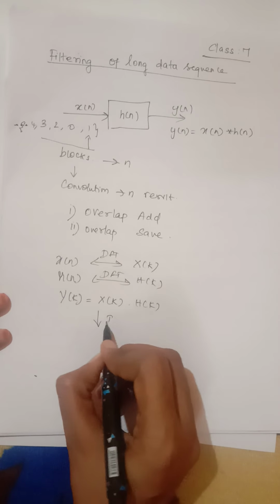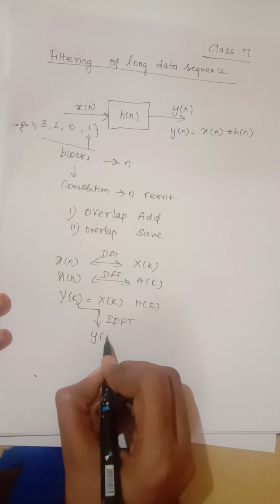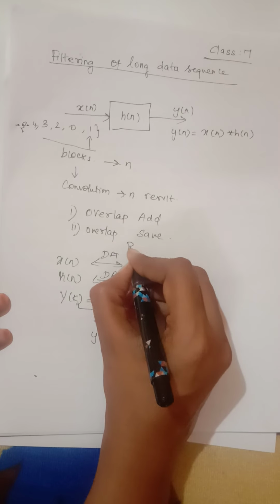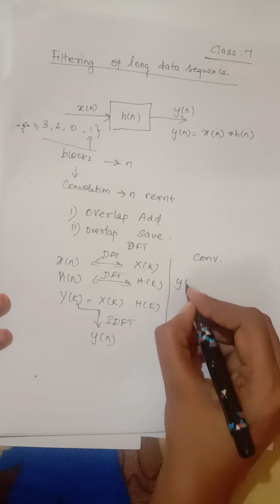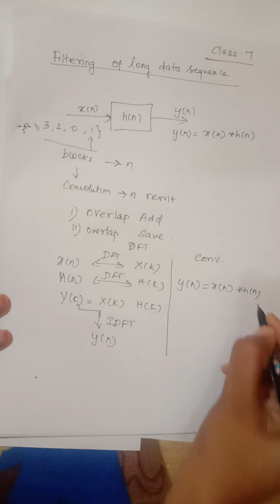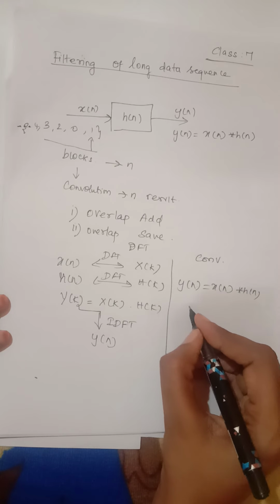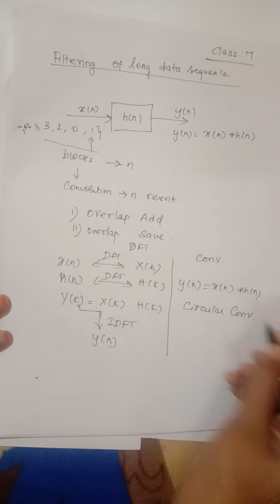Then we take the inverse DFT of this sequence, and for this y you will obtain y of n. So this is one procedure, using the DFT. The other procedure is using convolution, that is y of n is equal to x of n convolved with h of n. Here we are dealing with the periodic signal, so we are going to concentrate on circular convolution.